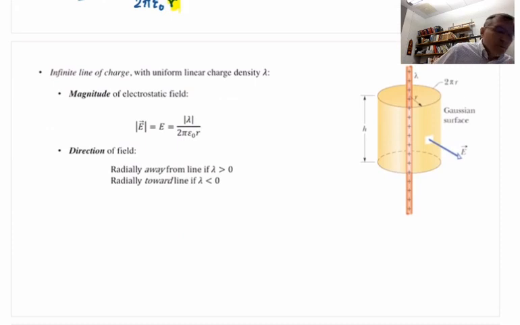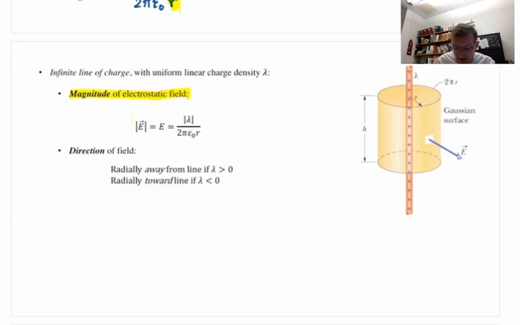Okay? So here's a picture showing the line again and the Gaussian surface that we picked. And the property of the line is the lambda, linear charge density of it. And again, this picture shows the lambda as a positive quantity. And it shows one electric field vector out there on a Gaussian surface at a distance r. And we now know the formula for the magnitude of that electric field.